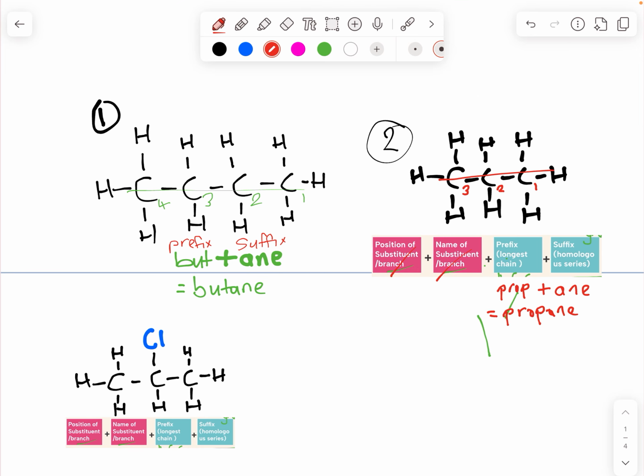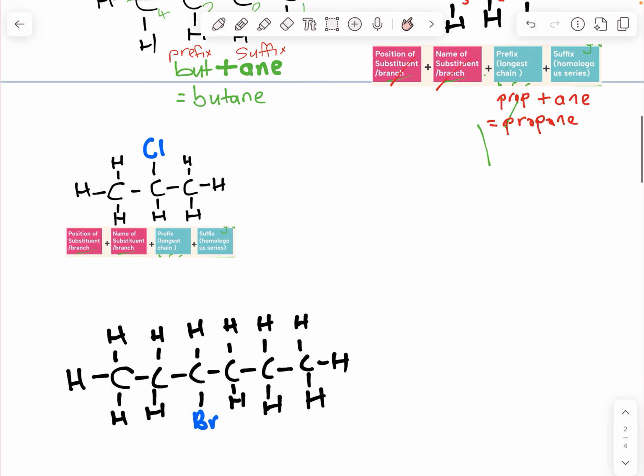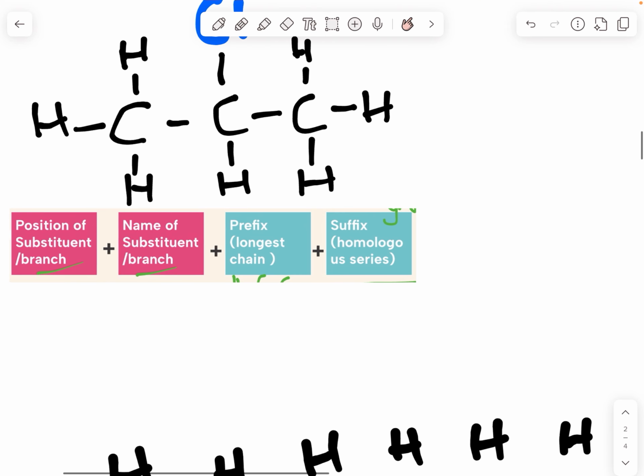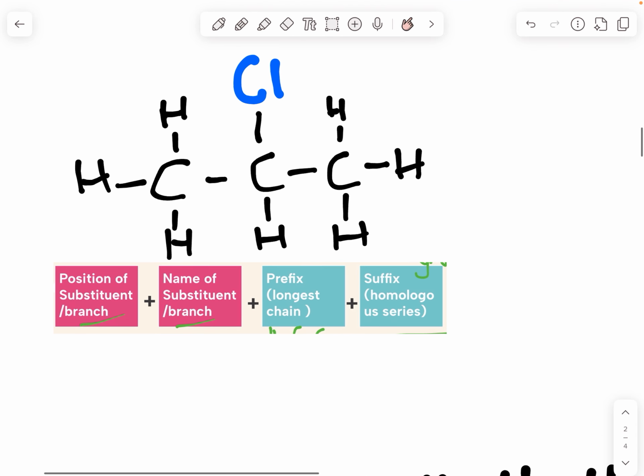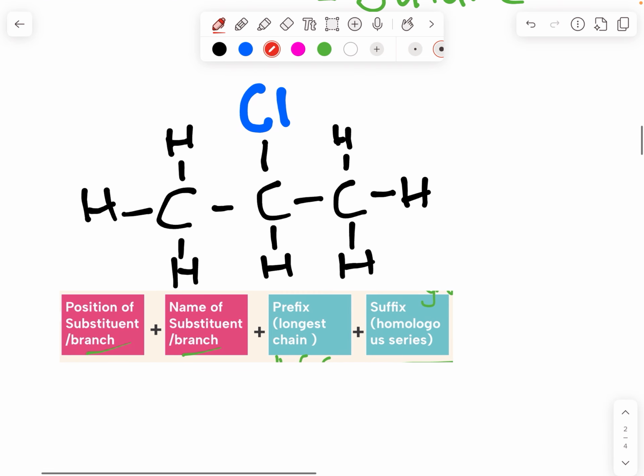All right, so let us look at another one. Remember, the first thing that we do is identify the longest continuous carbon chain. The longest one is right here. Next we're going to do the suffix.